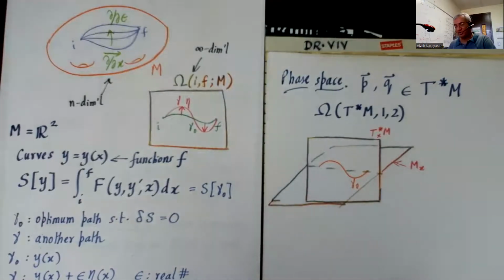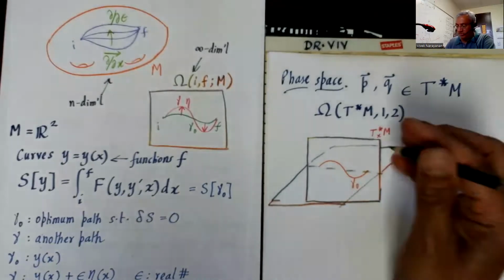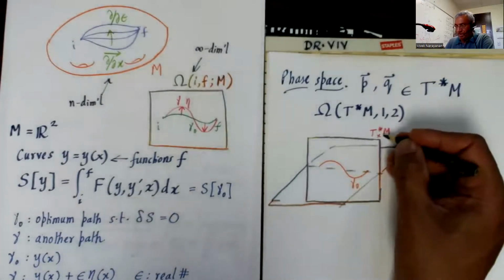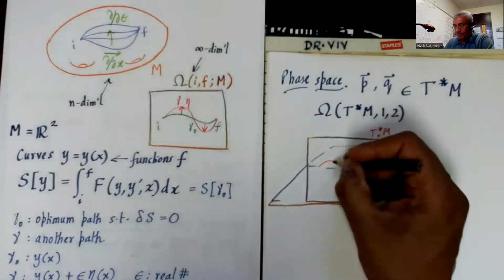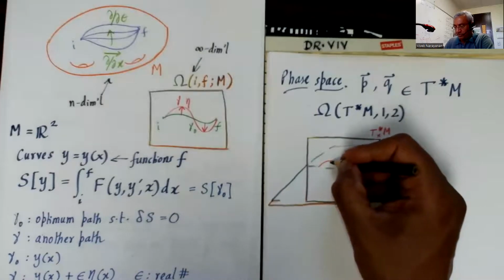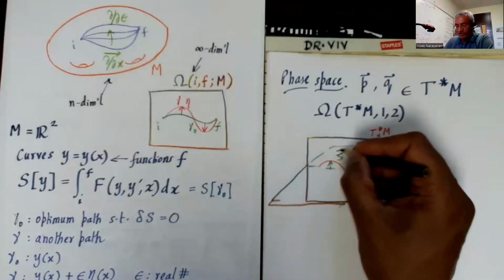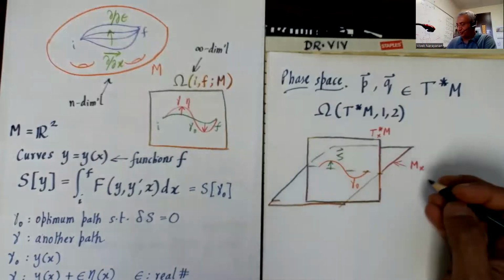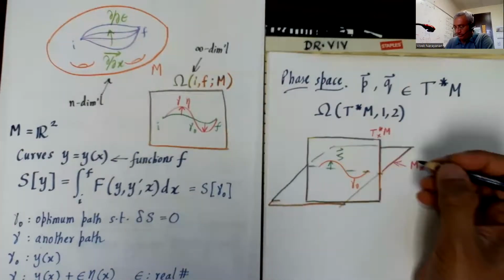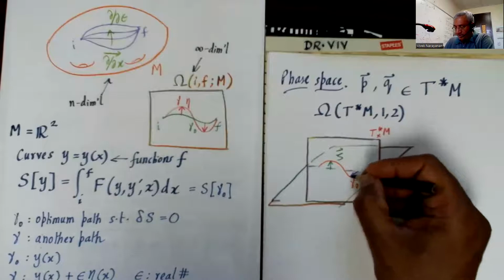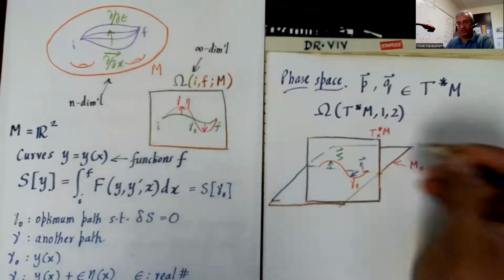Actually, it's a tangent space, but I'll just call it m at the point x. So in the cotangent space, the vector that I will have, I'll call that vector by the symbol zeta. And in the tangent space, the vector I'll have, I'll call by the vector eta. Eta is the same as the vector we had before.